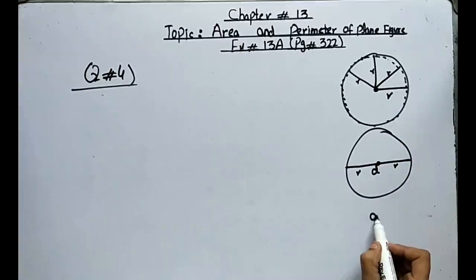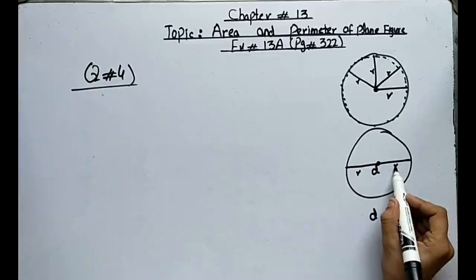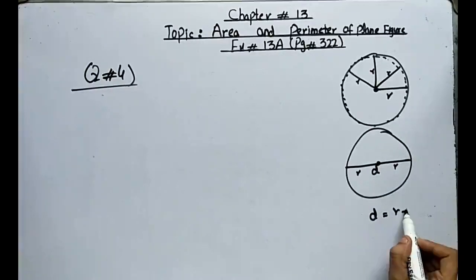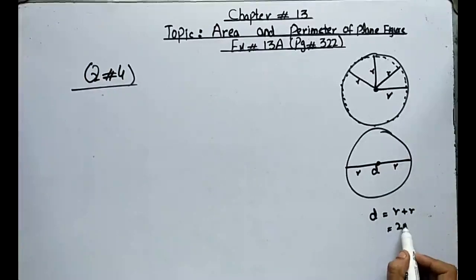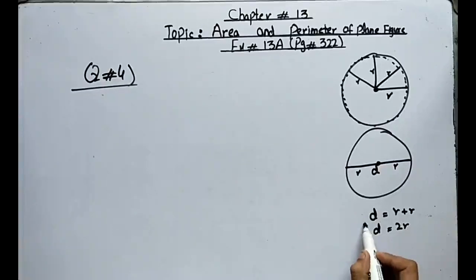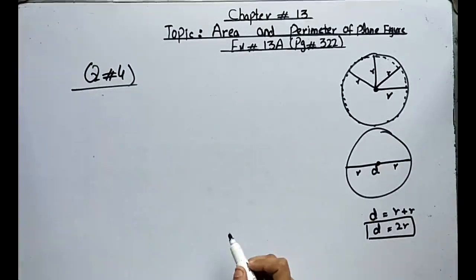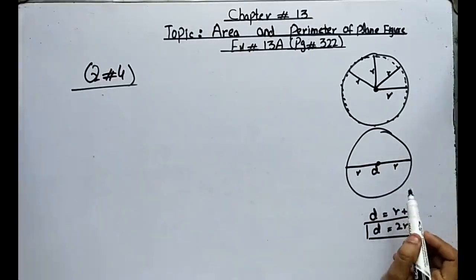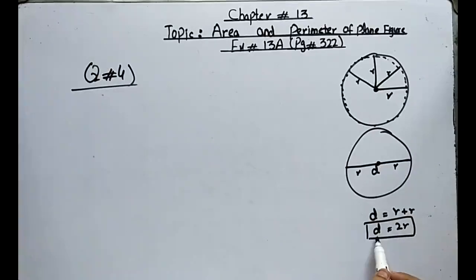It means when we add two radius, r plus r, 2r, then it will become diameter D. Got it, beta? D means a line that cuts a circle into two equal parts. And the formula of diameter is D is equal to 2r, means 2 radius. When we add 2 radius, we will get D.